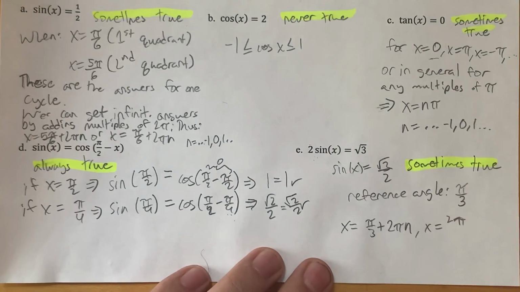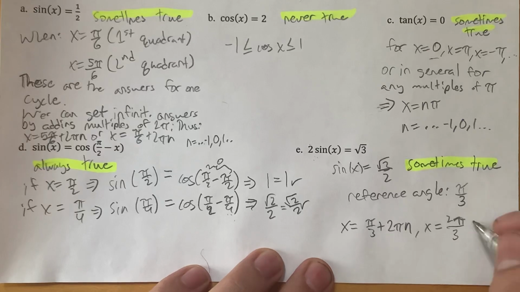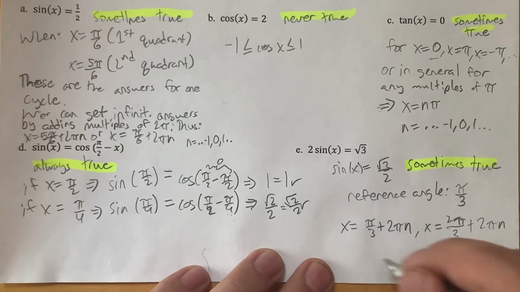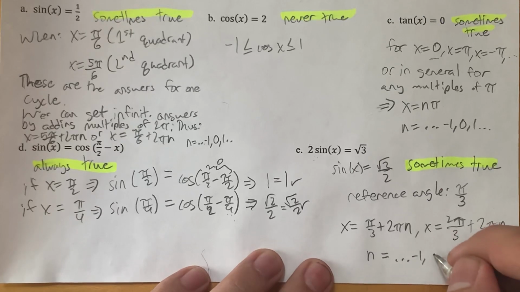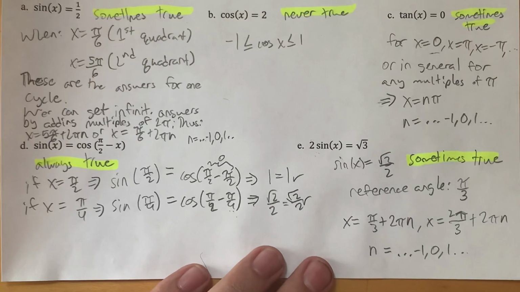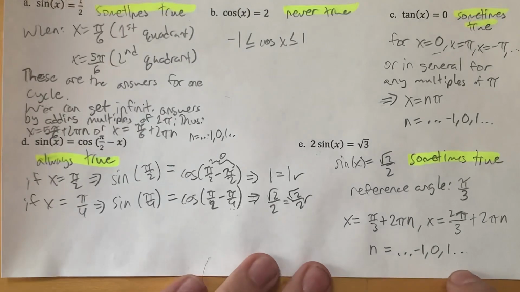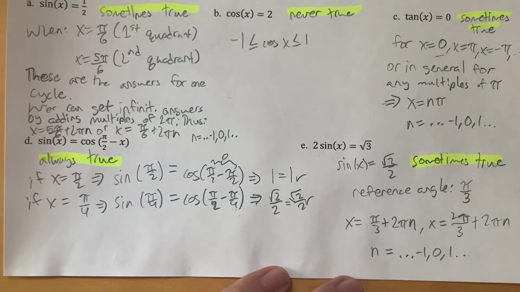There's always 2 that give you a positive. And n equals, you have to state what n is, -1, 0, and 1, right? You could put negative infinity to infinity if you wish, but this shows that it's all integers ranging from negative infinity to infinity.